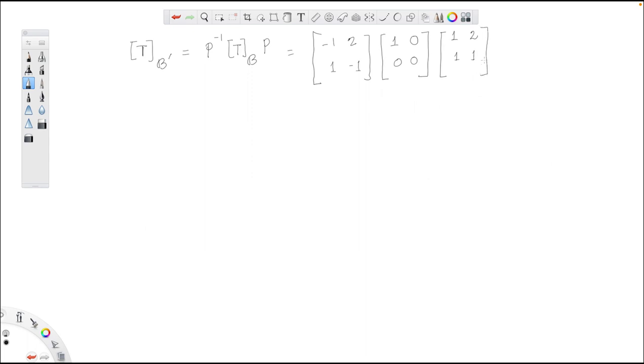Let me check if I'm right. 1 2 1 1, that's correct. And the inverse, let me check, minus 1 2 1 minus 1, that's right. So now we do the matrix multiplication.